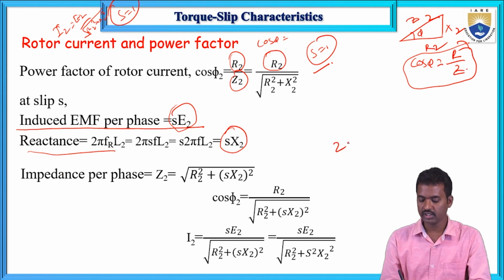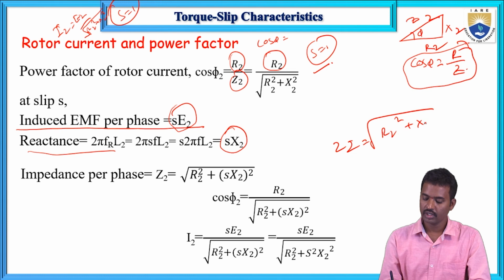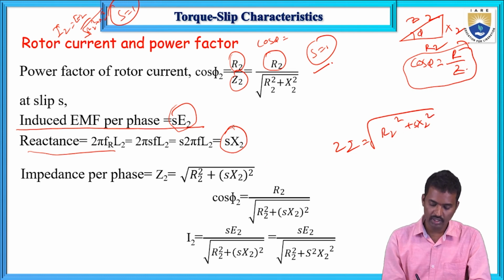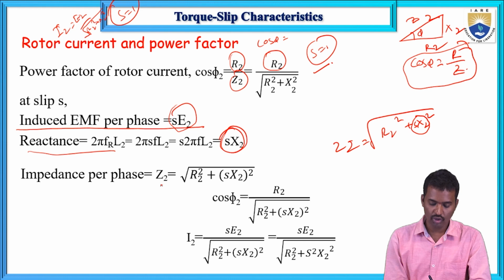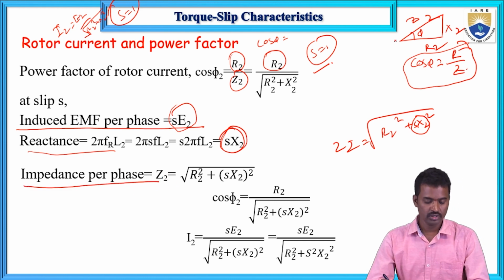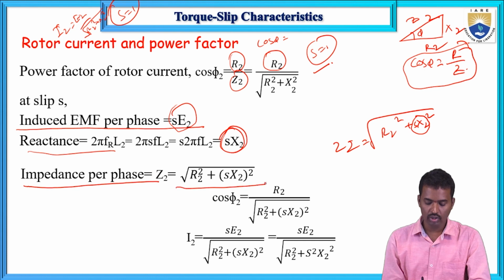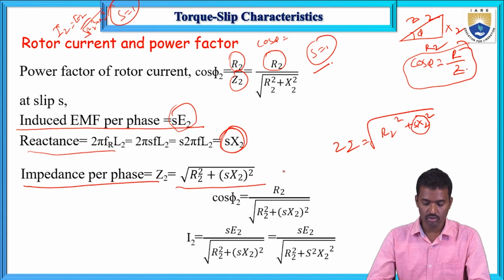In the previous case Z2 equals square root of R2 square plus X2 square, but now one extra term S is there, S square X2 square. This formula is important: the impedance per phase Z2 equals square root of R2 square plus S X2 whole square.